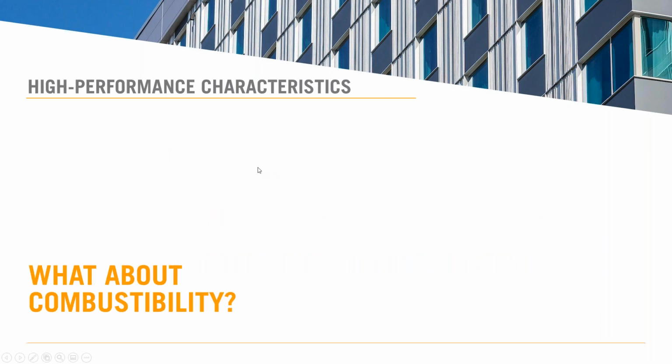Now, one last thing I'm going to mention because it's important to our Canadian audience members, and it's also an important consideration for high-rise construction, what we call non-combustible construction. It's the combustibility features of the windows.